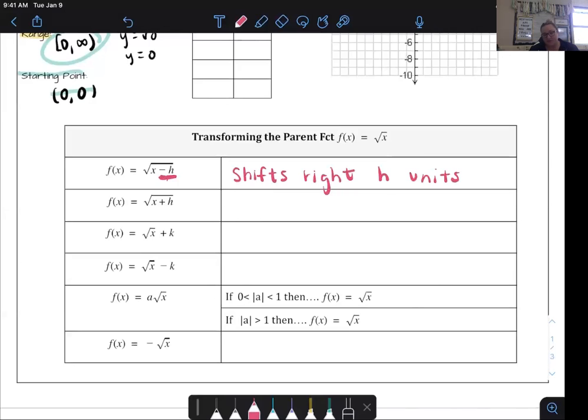And we've talked about transformations before, so this should look somewhat familiar. When I take a number and I add it directly to x, I'm still under that radical. f of x is equal to the square root of x plus h. I'm taking the square root of x plus h. I'm going to shift left that many units.